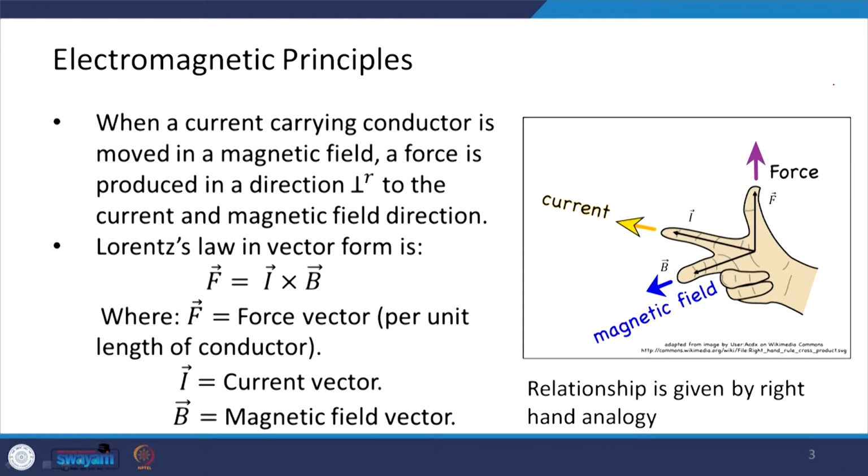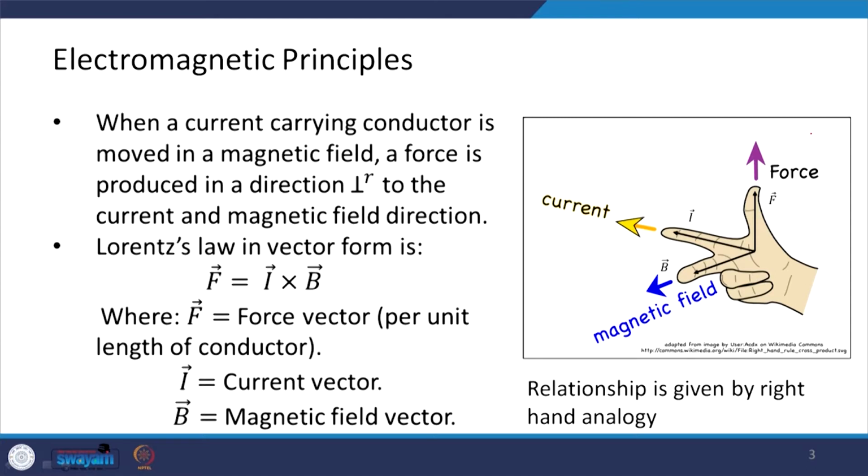Lorentz law is one of the basic fundamental laws which provides the principle for electromagnetic actuation. The law says that when a current carrying conductor is moved in a magnetic field, a force is produced in a direction perpendicular to the current and the magnetic field.